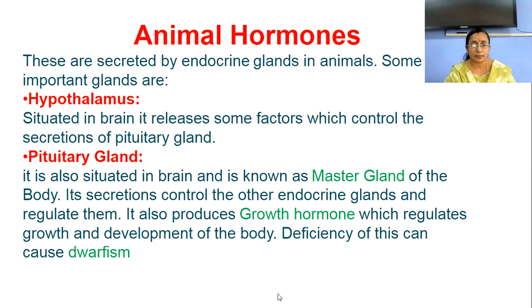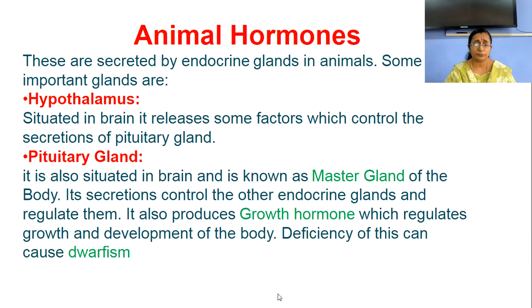In our world, you people may have seen small people, that is dwarfs, as well as giant people, people who are very tall. Okay, most people will have an average height, but sometimes there are people who have restricted growth. They are called dwarfs, and some whose growth is excessive will have too much height. Growth is controlled by a hormone called growth hormone, which is secreted by the pituitary.